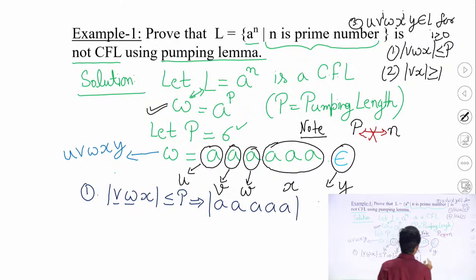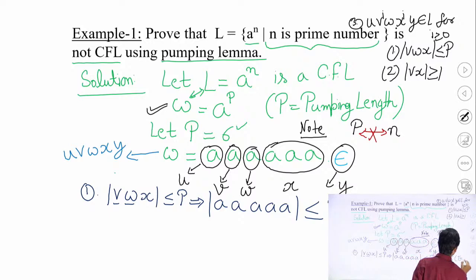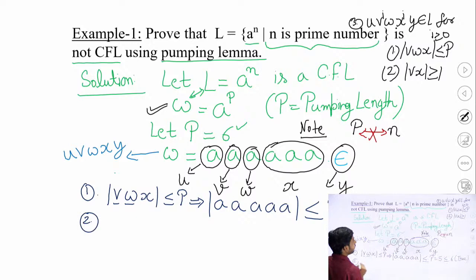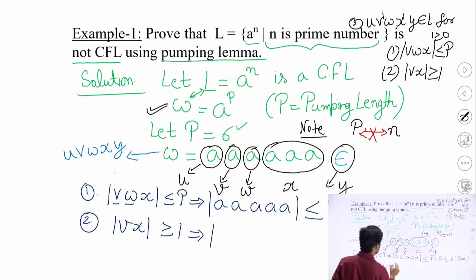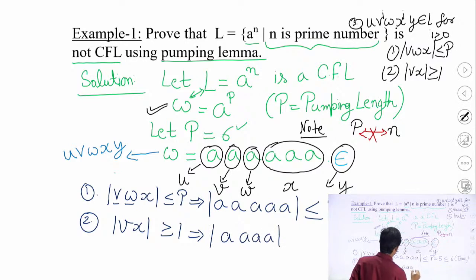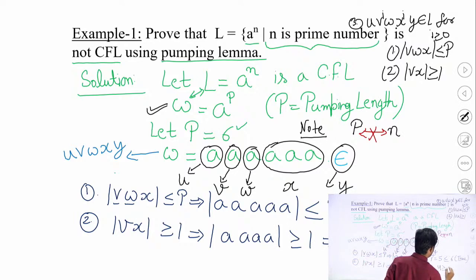This should be less than or equal to p, which is 6. So the first condition is true. Second, the length of vx is greater than or equal to 1. v is a and x is 3 times a, so 4 is greater than or equal to 1. This condition is also true.